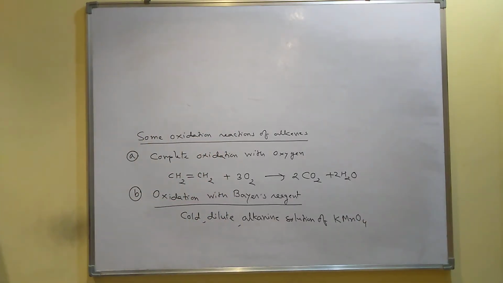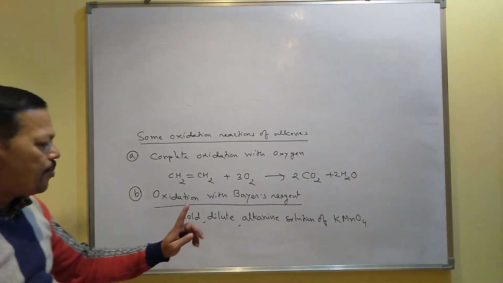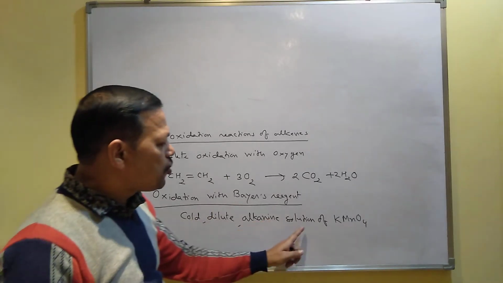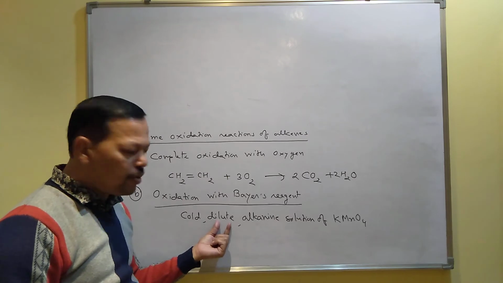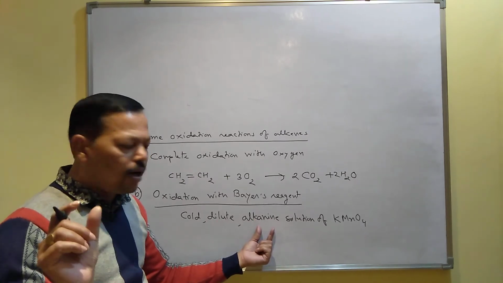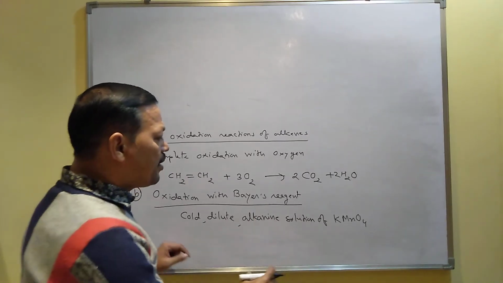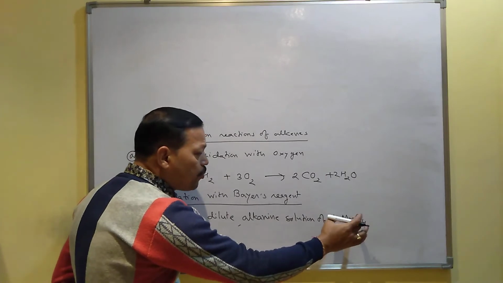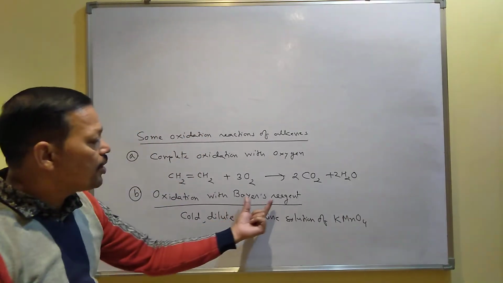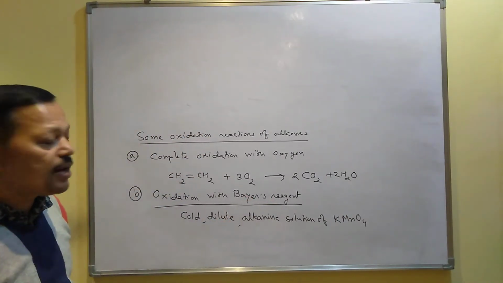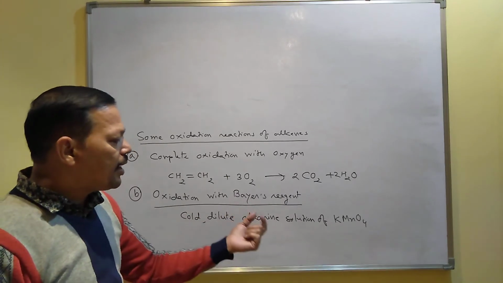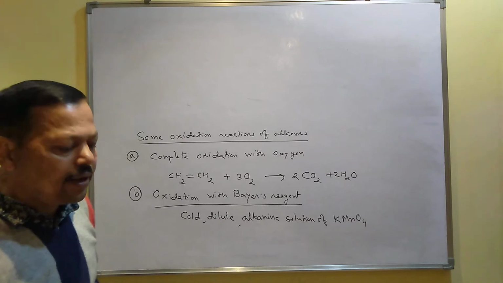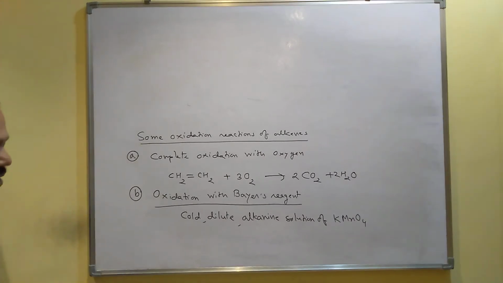Alkaline means basic. The solution should be cold, it should be dilute, and the solution should be basic in nature. Then that potassium permanganate solution is called the Bayer's reagent. So if the question asks what is Bayer's reagent, then you have to write cold, dilute, alkaline solution of potassium permanganate is called Bayer's reagent.